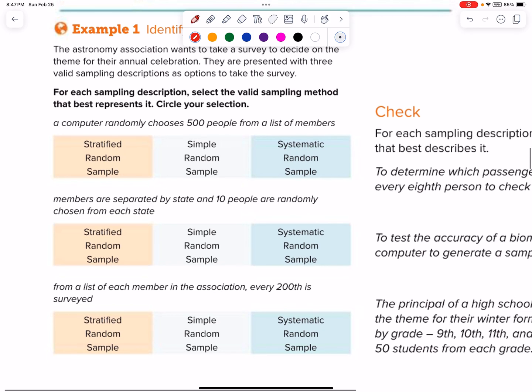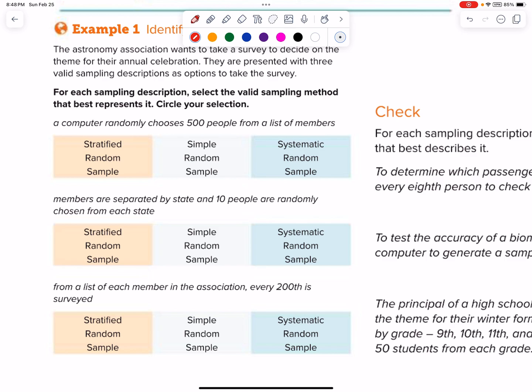Example 1. Select the valid sampling method that best represents each situation and circle your selection. A computer is randomly choosing 500 people from a list of members. Think about what's going on there. Are they simply choosing random people? If they are, which one is that?